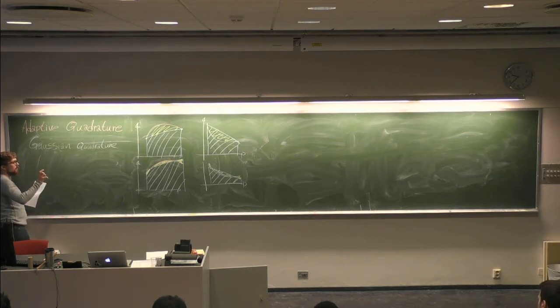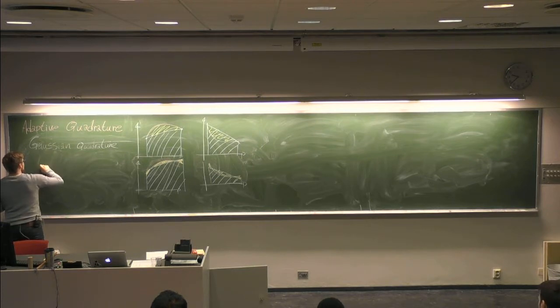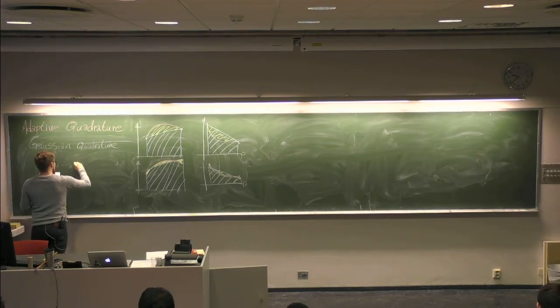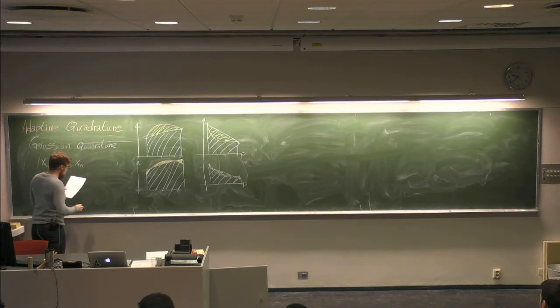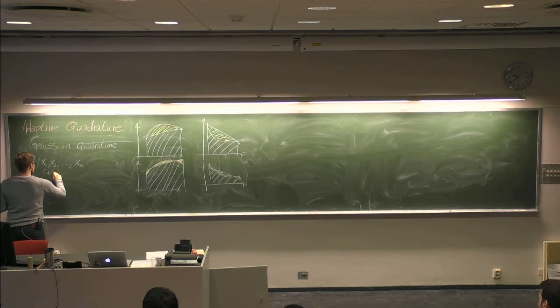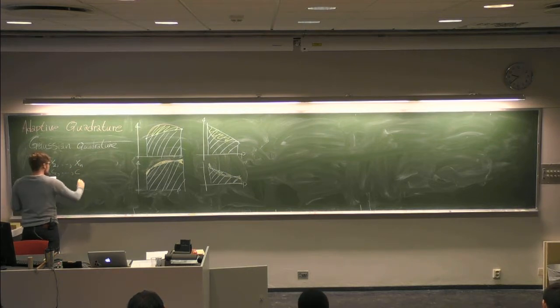So the idea behind this is that you have nodes, let's just call them x1, x2, all the way to xn, and then you have some weights or coefficients. Let's call them c1, c2, all the way to cn.